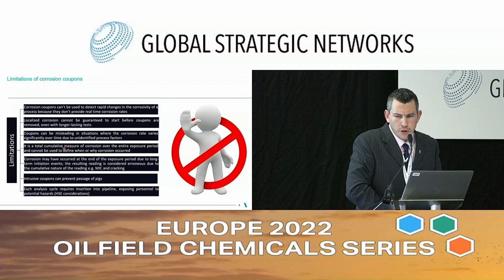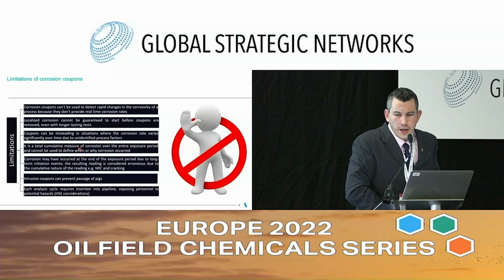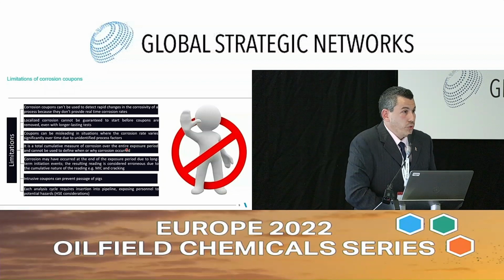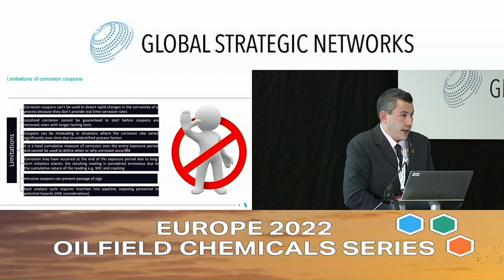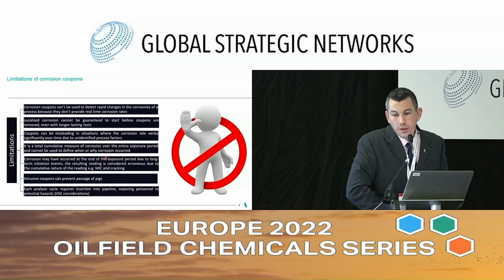It's a total cumulative measure of corrosion over the entire exposure period, and cannot be used to define when or why the corrosion occurred. You will only know that you had an issue in, let's say, the last 6 months where they were installed, but you can't say when exactly it happened.